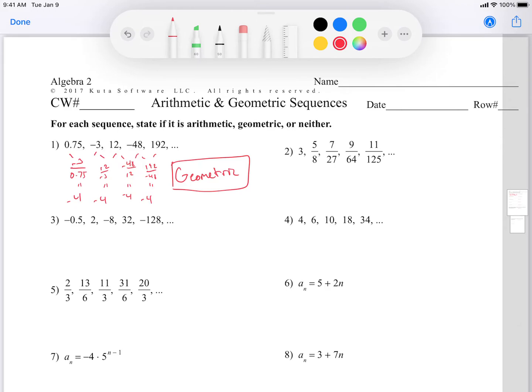Let's look at number 2. We have 3, 5/8, 7 over 27, 9 over 64, 11 over 125. Does this look geometric, arithmetic, or neither?